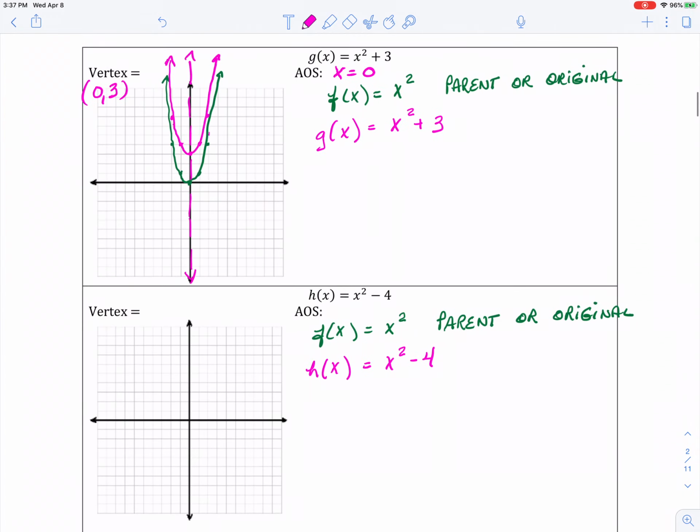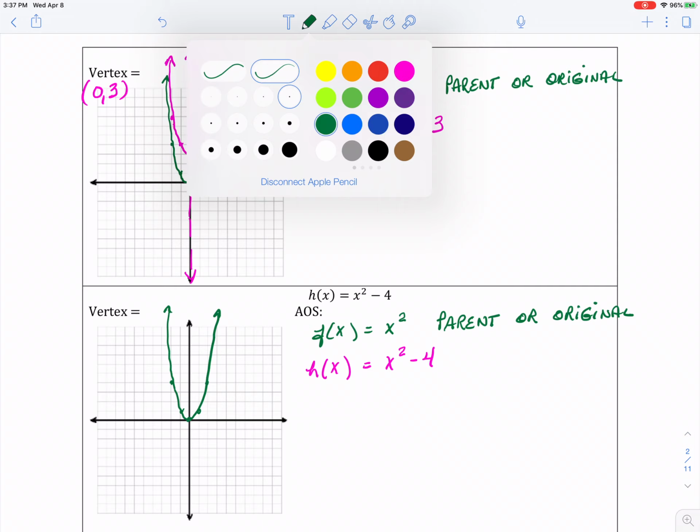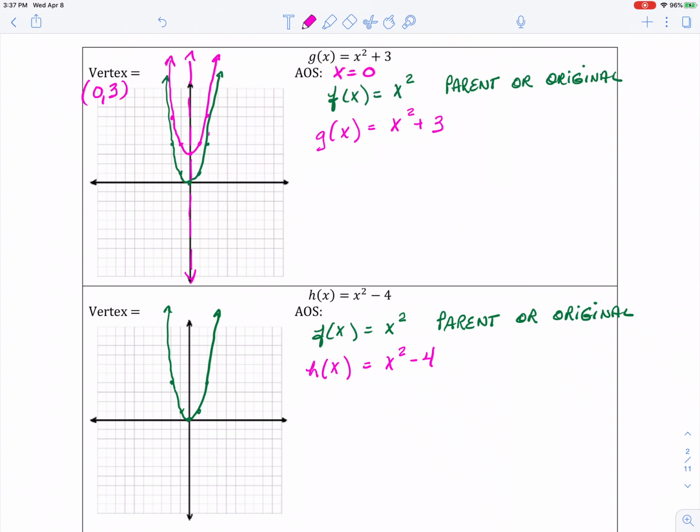Okay, on the next one, you see that it has a -4. So again, let me quickly sketch in the parent. Looks like that. I'm not doing a real great job of sketching, but hope you can use your imagination. And on this one, I'm going to take that vertex from 0, 0 and shift it down 1, 2, 3, 4, and try to sketch in those same points again, and then sketch in the parabola.